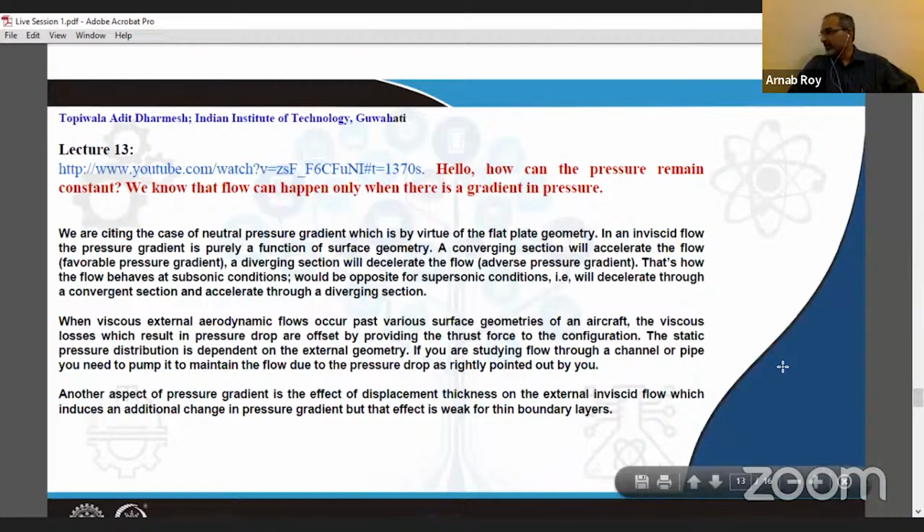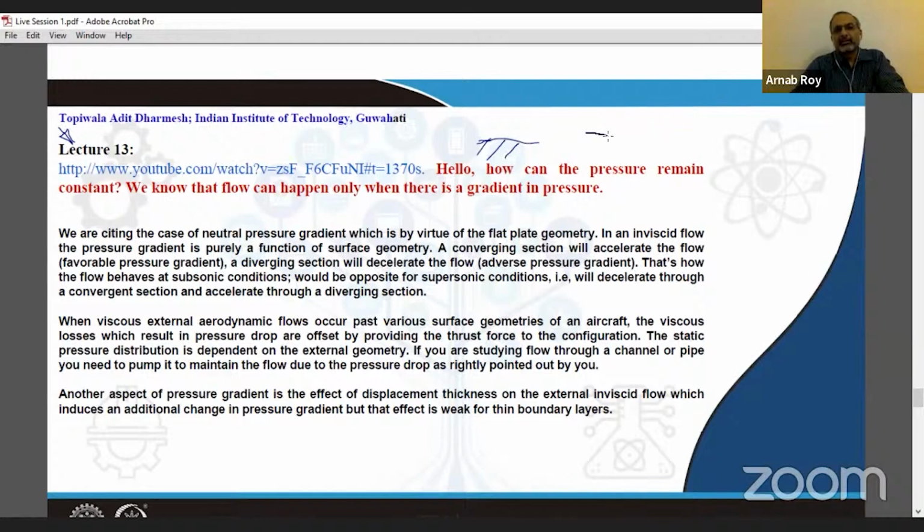Okay, the next question is coming up. Just let me spend a minute seeing whether we have more questions in the live chat. Okay, so we have a question from Topiwala Adit Dharmesh. He wants to know, how can the pressure remain constant for this lecture? So if I could get it correctly, we were discussing flow past different surfaces. One was the flat plate, the other was say an airfoil section pitched at a certain angle of attack.